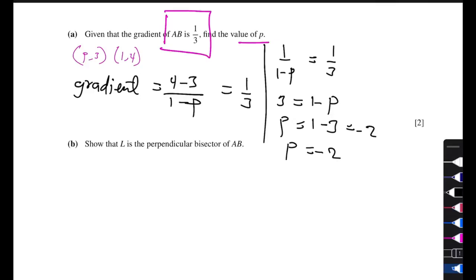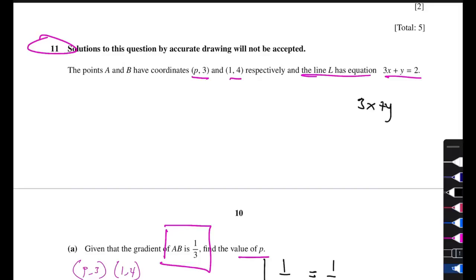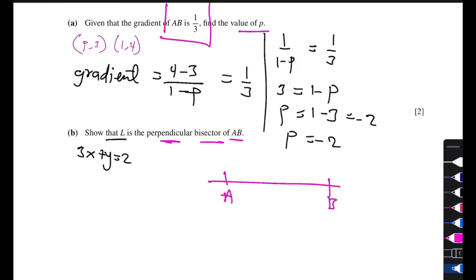Now it says show that L, but what is L? Well, L is 3x plus y equals 2. That's what the question gave us, so we can copy this and use it down there. Show that L is the perpendicular bisector of AB. What does that mean? If this is line AB, they want you to show that L bisects this line.